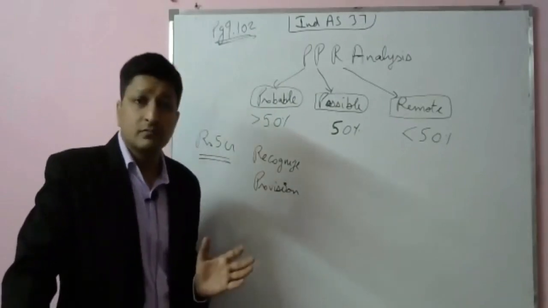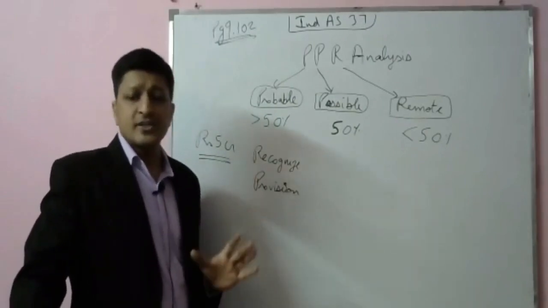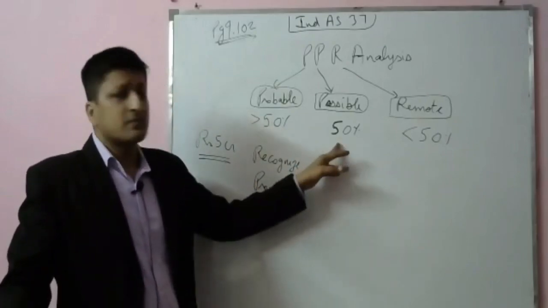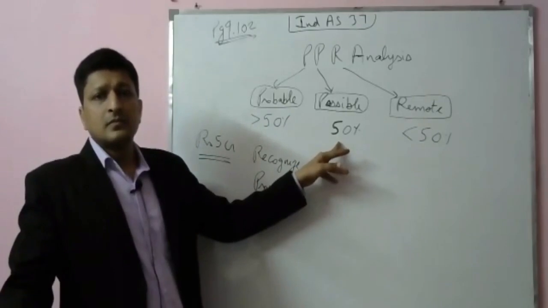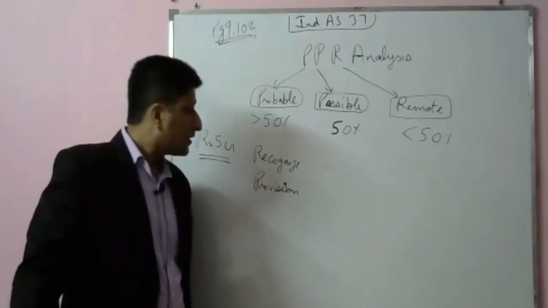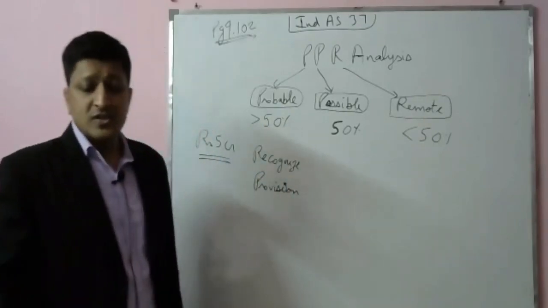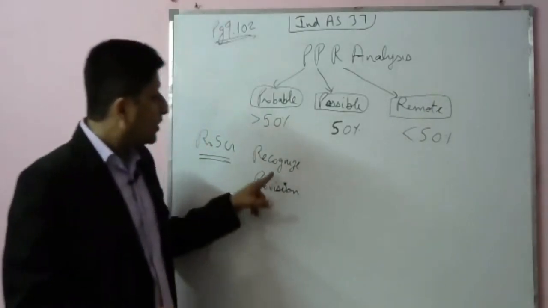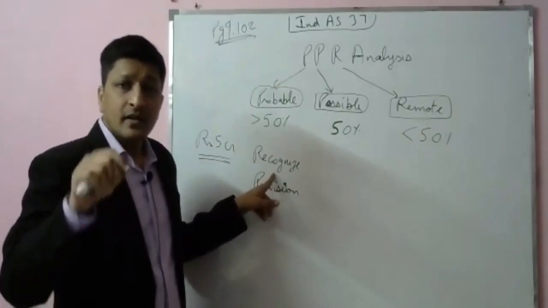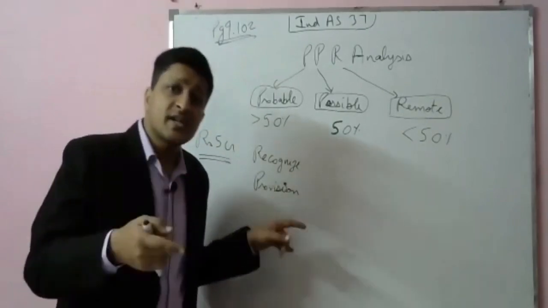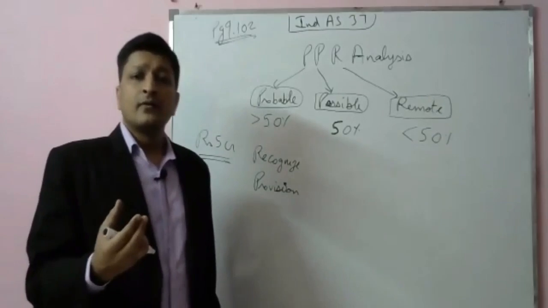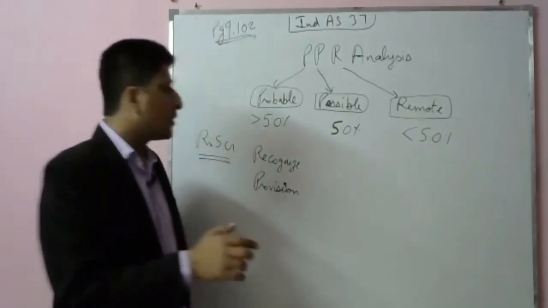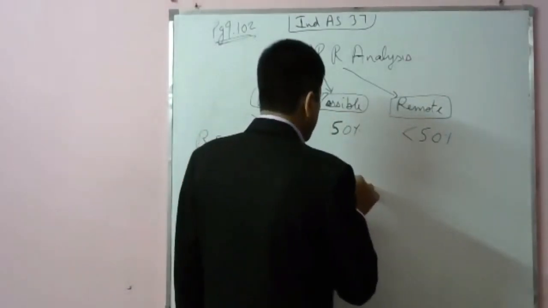It's not sure. So we are in a 50-50 situation. Whenever we are in a situation of 50-50, what do we do? We don't recognize it in the books. Instead, we will put it down as a contingent liability.